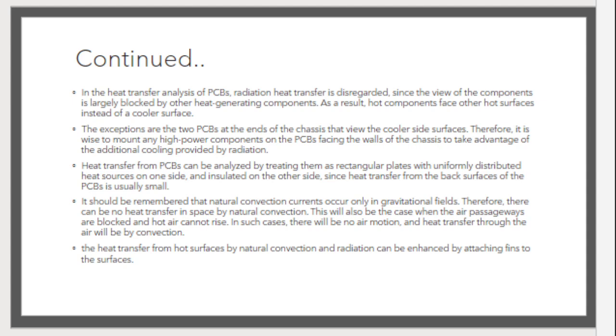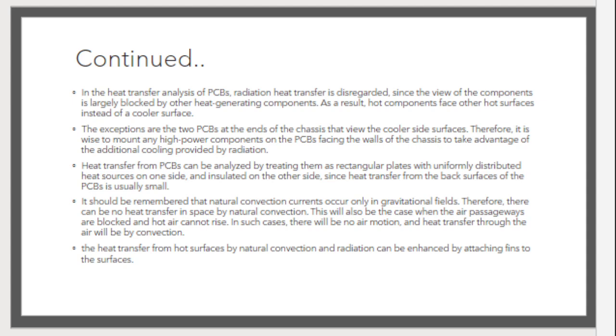The exceptions are the two PCBs at the end of the chassis that view the cooler side surfaces. Therefore, it is wise to mount any high power components on the PCBs facing the walls of the chassis to take advantage of the additional cooling provided by radiation.